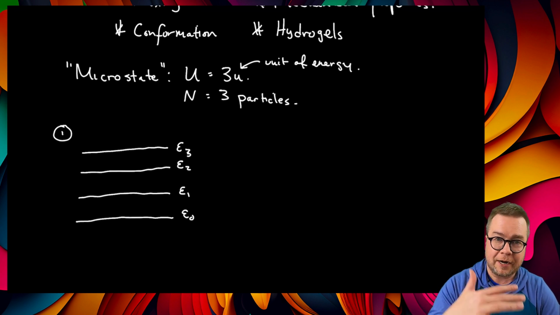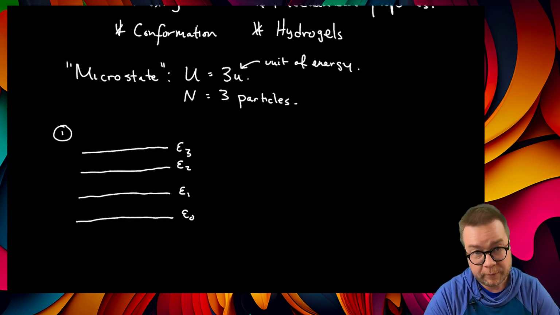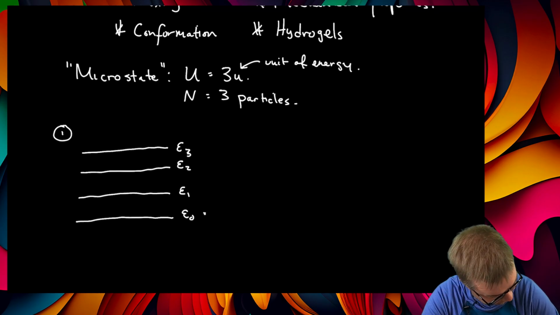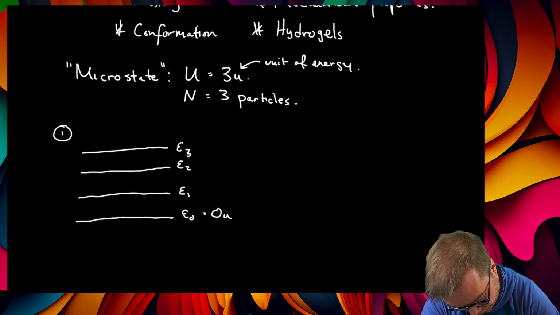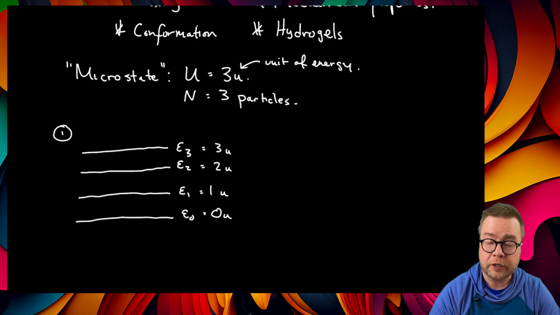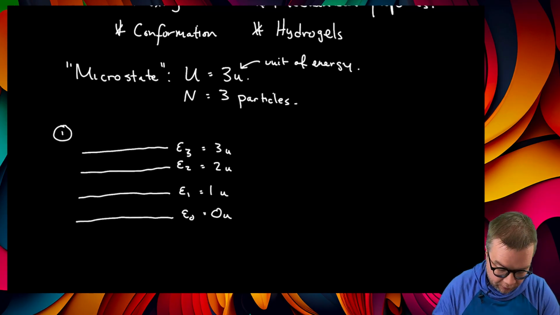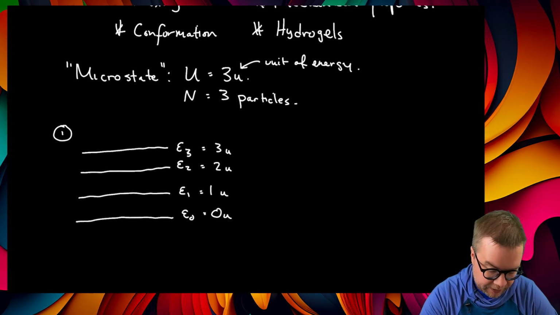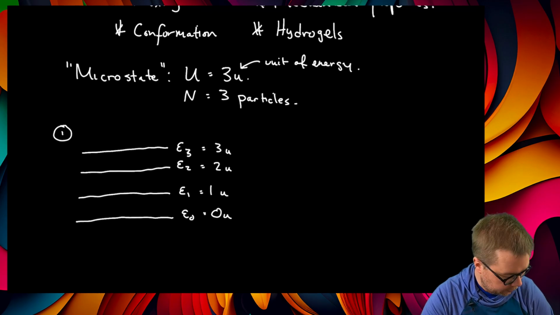With respect to some kind of origin for my energy, it's kind of arbitrary, but let's just say that this gives me 0 units of energy, 1 unit of energy, 2 units of energy, and 3 units of energy, whatever that means. So how can I rearrange these 3 particles given these energy levels such that I get that macroscopic internal energy of 3U?